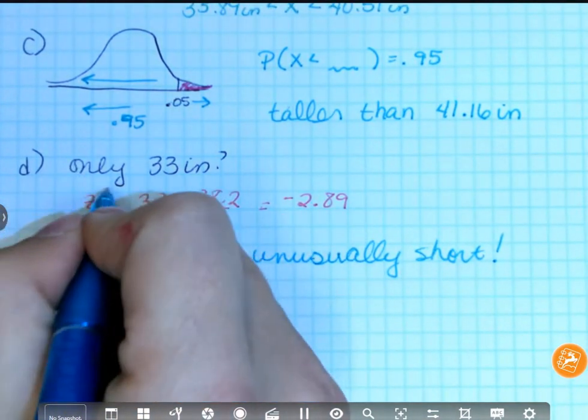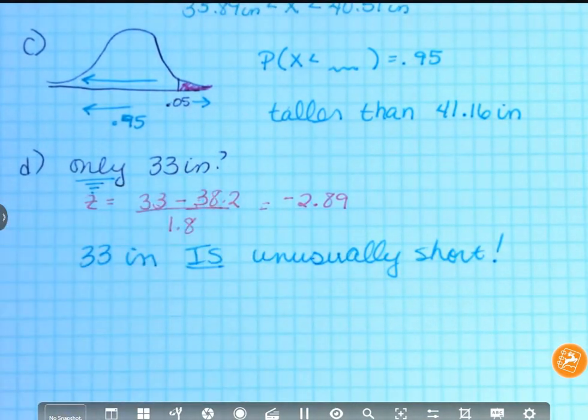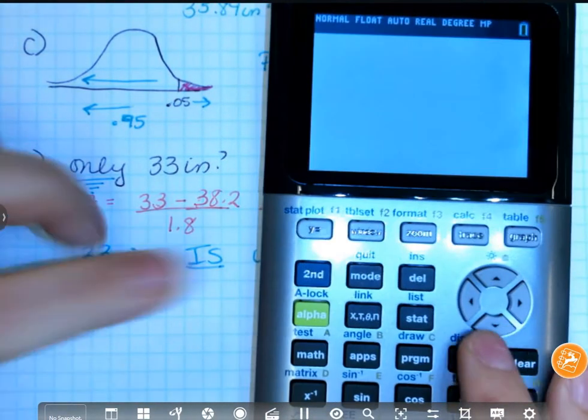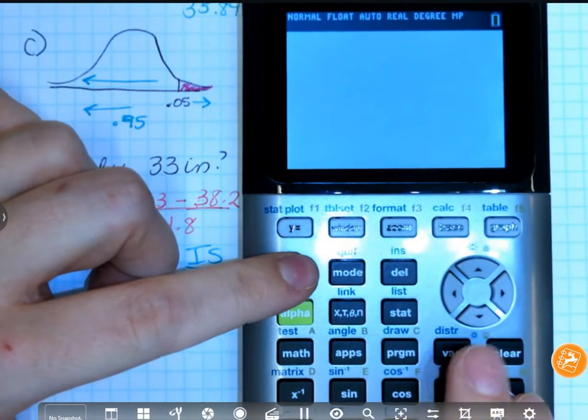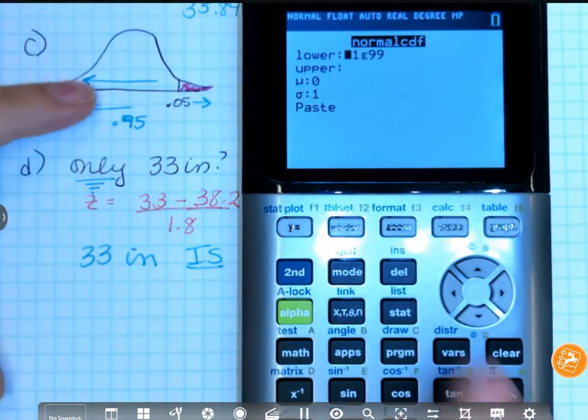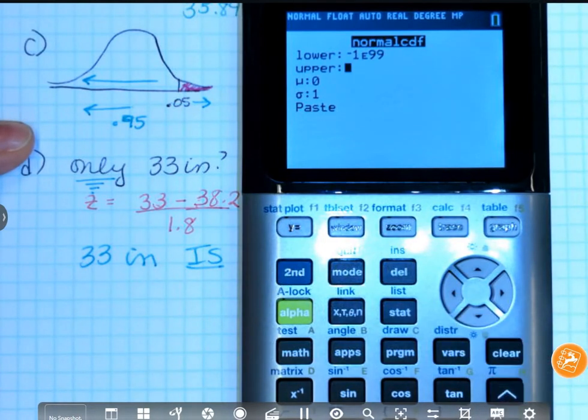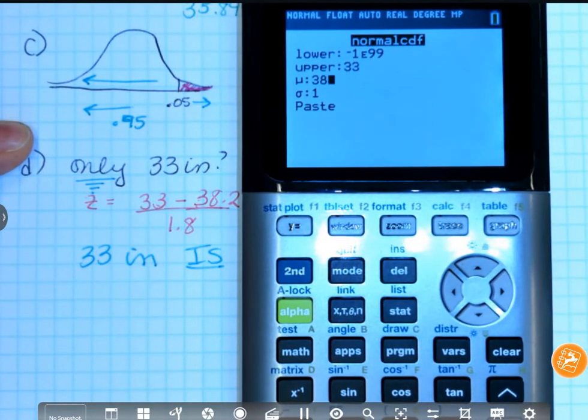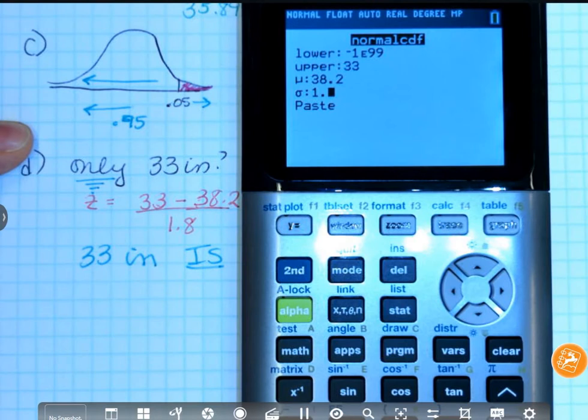When you see that word only, just decide, is that unusual or not? You can, if you wanted to, go ahead and find the probability. If I wanted to find probability, what would I use? Normal CDF, yep. And I would say from negative infinity to 33, with the mean and standard deviation.